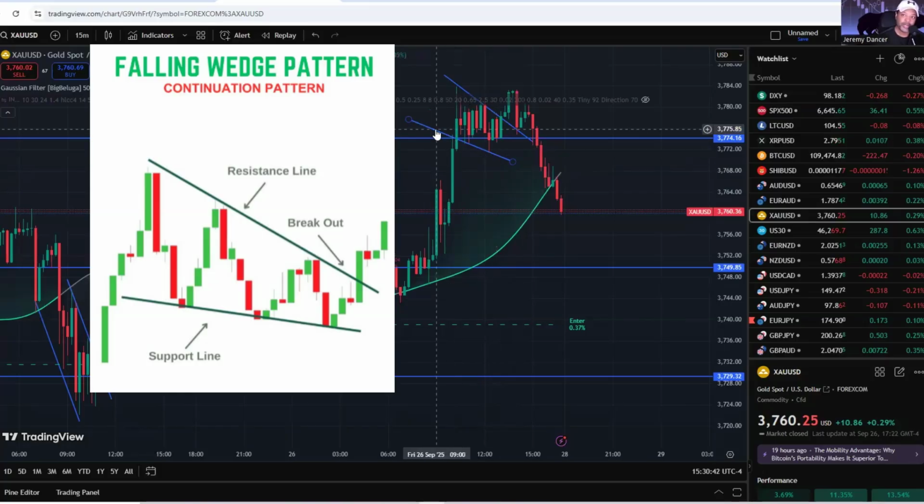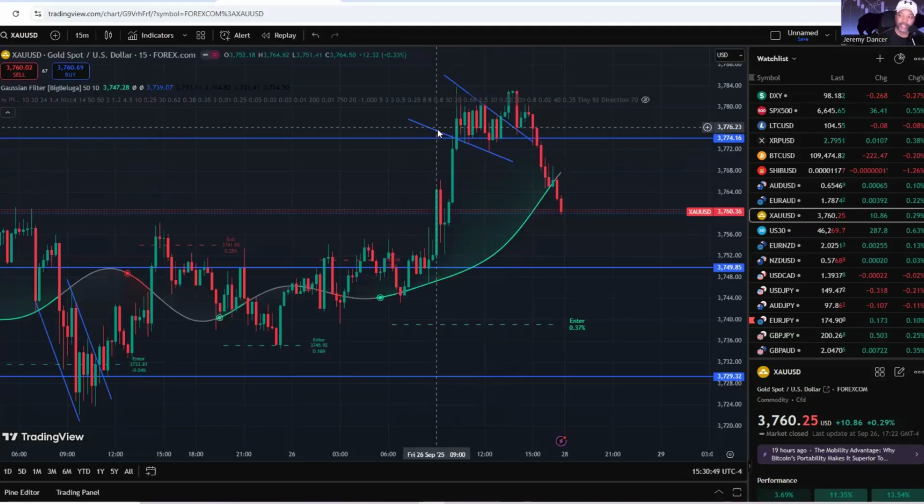And a bullish pennant is the same as a falling wedge. So regardless of how you look at it, they're both going to give you the exact same read. However, there are times, 10 to 20% of the time, they don't work out for one reason or another. And that's where these indicators that I'm going to share with you guys come in handy.